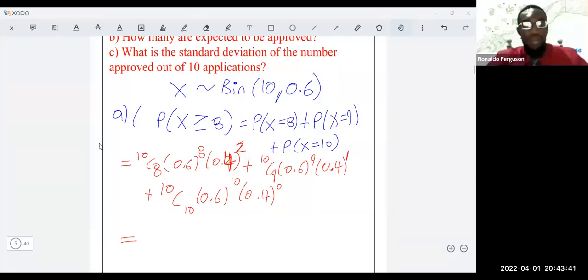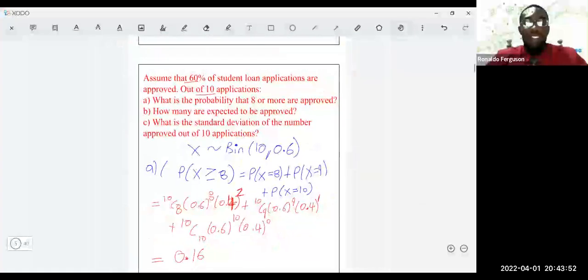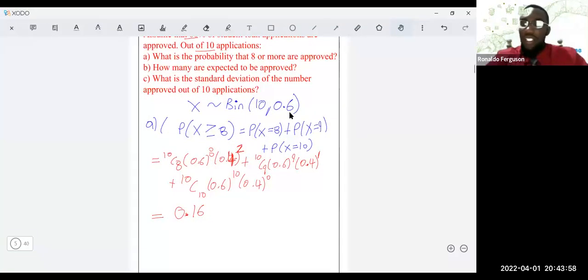Very good. 0.16. That's the answer. So I just want you to work on your speed a little bit. As I say, in the test you might be doing that in 3, 4, 5 minutes. If 20 of these questions come and you're doing 1 in 5 minutes, that's not good, right? Just want to work on the speed a little bit.